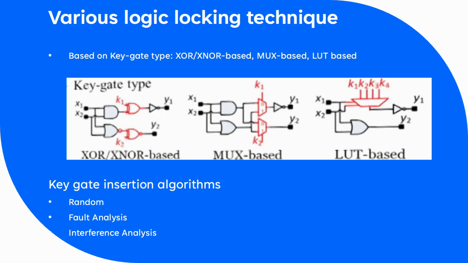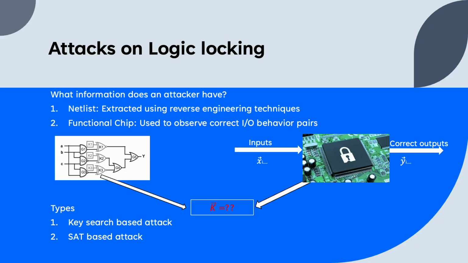These key gates can be inserted using various algorithms like random insertion, fault analysis, or interference analysis. This is mainly done to increase the complexity of the circuit and to make it more secure. However, as we will see, these techniques are not foolproof and can be vulnerable to attacks.